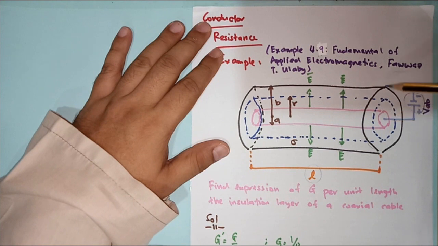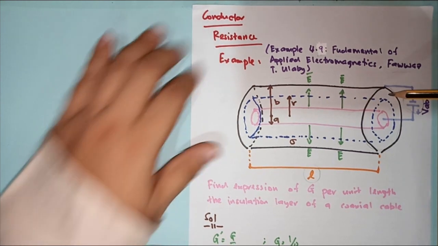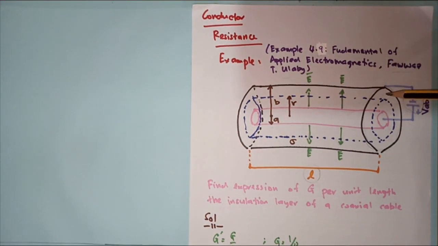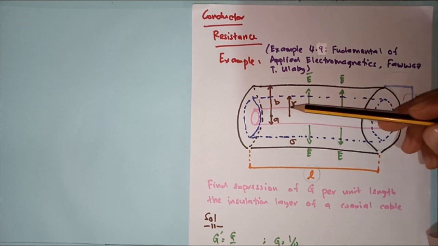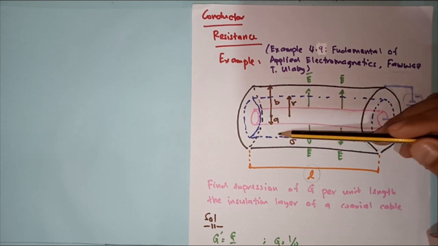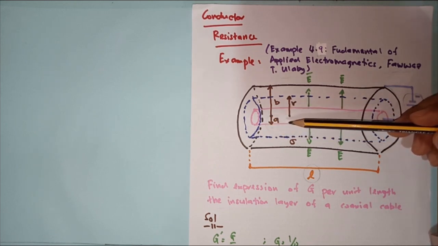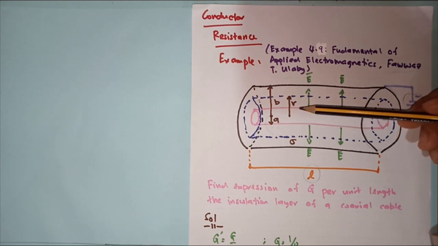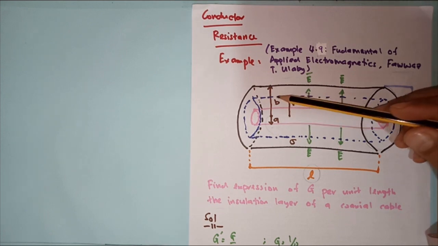In this cable, we have two conductors, the inner conductor and the outer conductor. The radius of the inner conductor is A, and the radius of the outer conductor is represented by B.